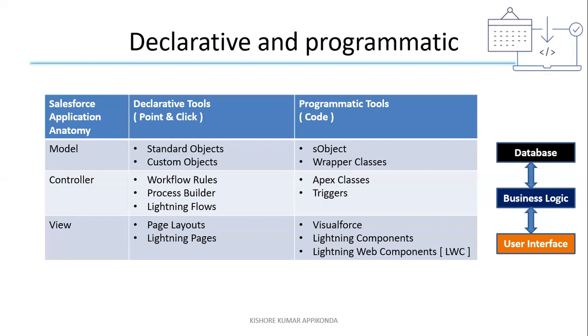For example, some requirements may not be achievable through standard workflows, Process Builder, or Lightning Flow, because you may have to compare three to four objects' information in the criteria.